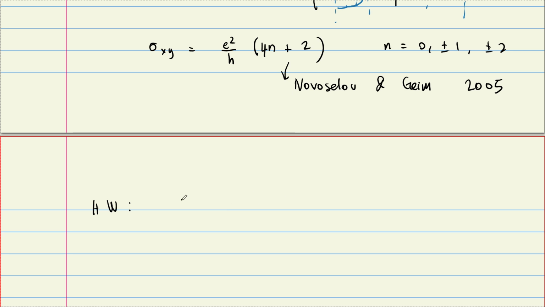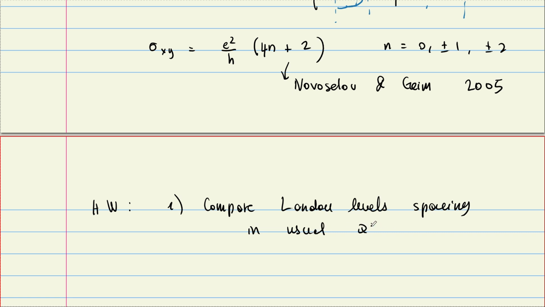So the first one: compare Landau level spacing in the usual quantum Hall effect versus the Dirac quantum Hall effect.